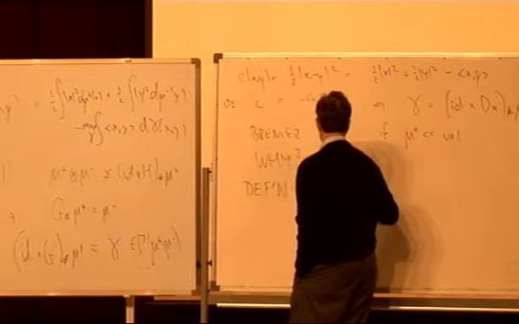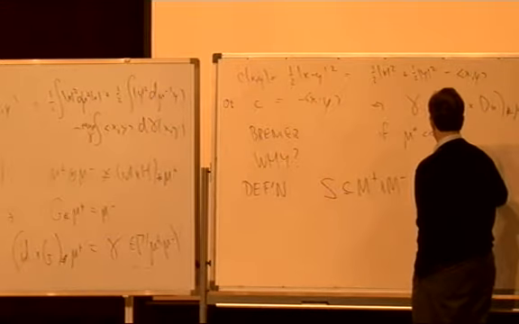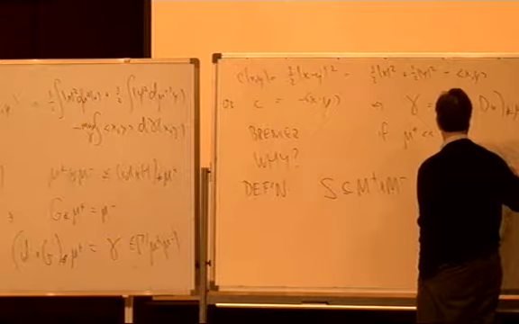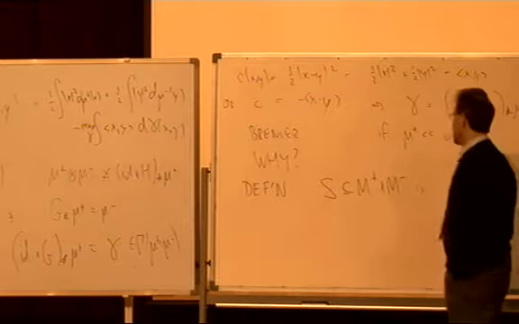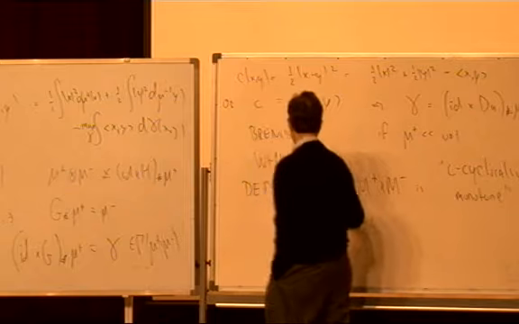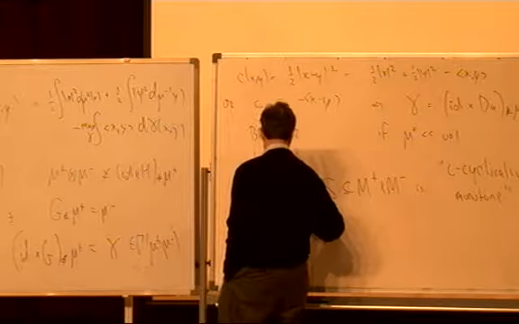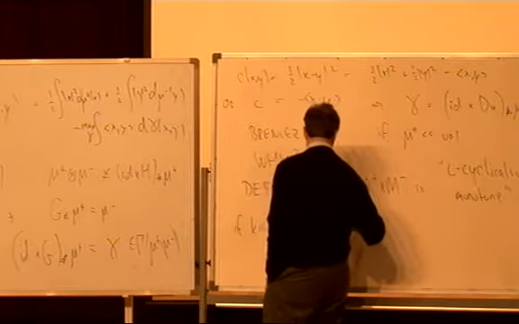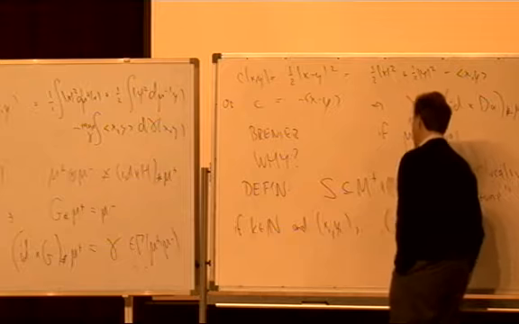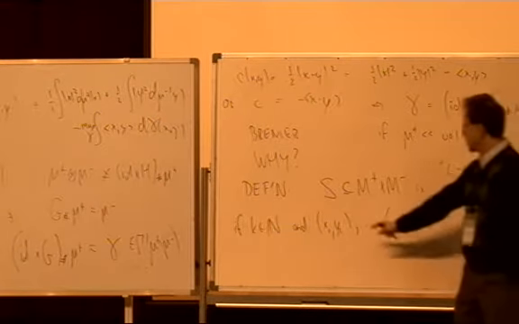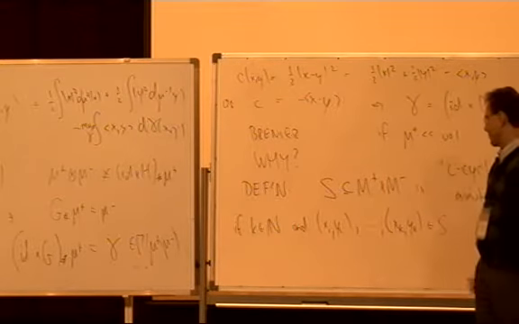A subset S of the product space is so-called c-cyclically monotone if, whenever I choose k points in the set for any integer k, then I get an inequality that says these points, these y's, are better pairs for their x's than any other y's would be.